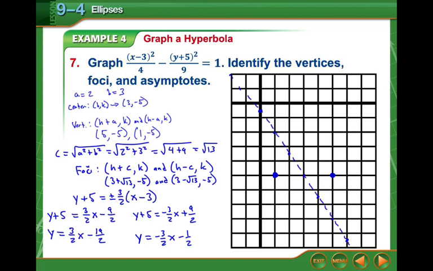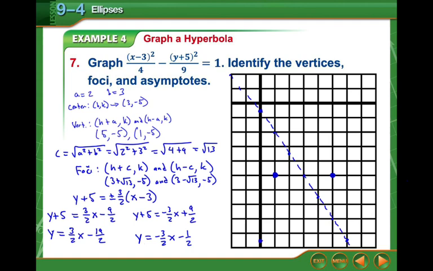So here's our easier diagonal asymptote to do. The other one, negative 19 halves, is that negative 9 and a half?